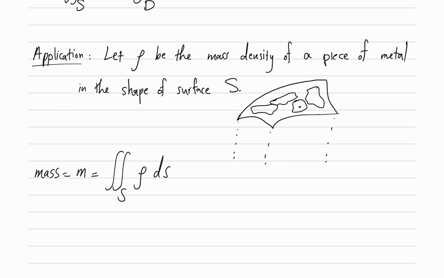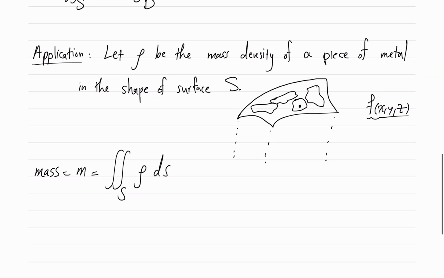The book, when talking about a function defined on the surface, uses x, y, z. It gives the impression that this is a three-variable function. This is only because technically a point on the surface is a point in 3D, but these functions need not be defined everywhere, need not be defined outside the surface. They only need to be defined on the surface. That's why I don't plug in anything.